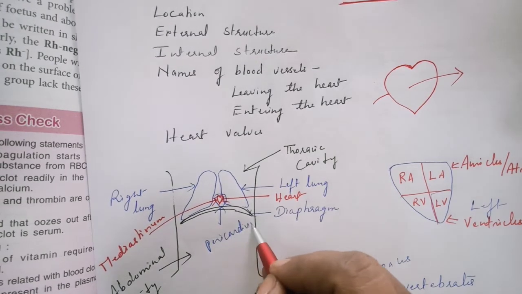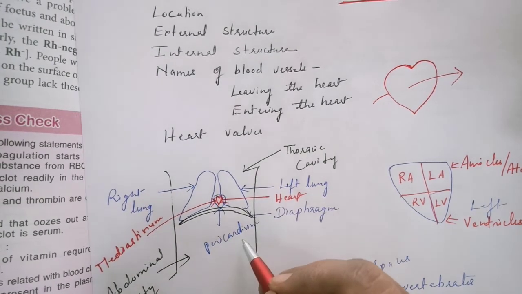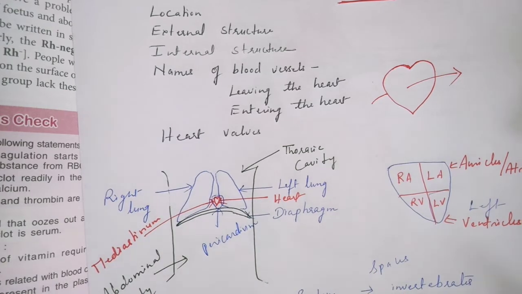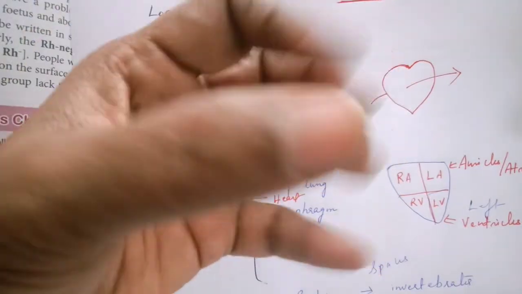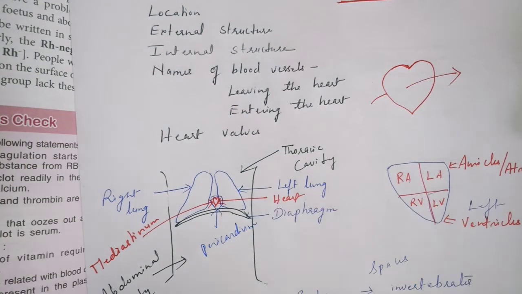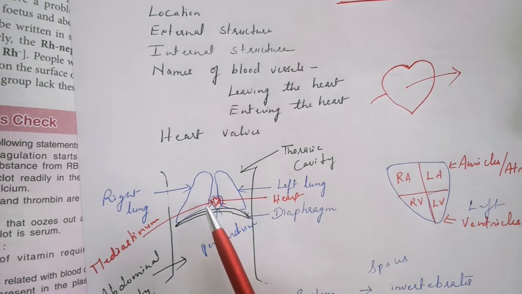And in between these membranes, a fluid known as pericardial fluid is present. So when the heart relaxes and contracts, the friction which is caused is absorbed by the fluid present inside these membranes, and also the heart is protected from any kind of mechanical injury caused by outside accidents.